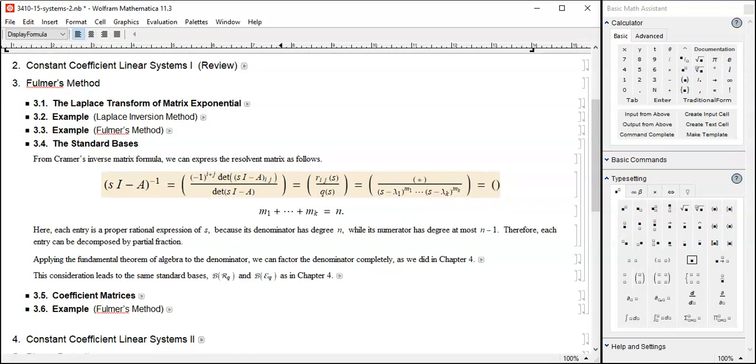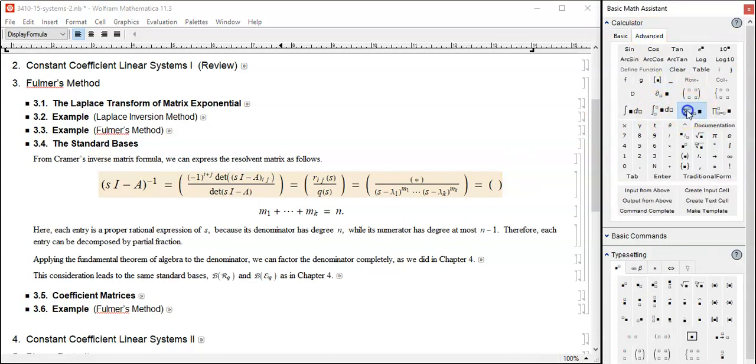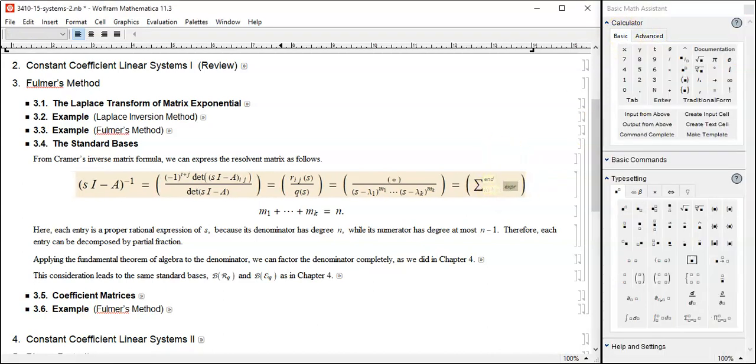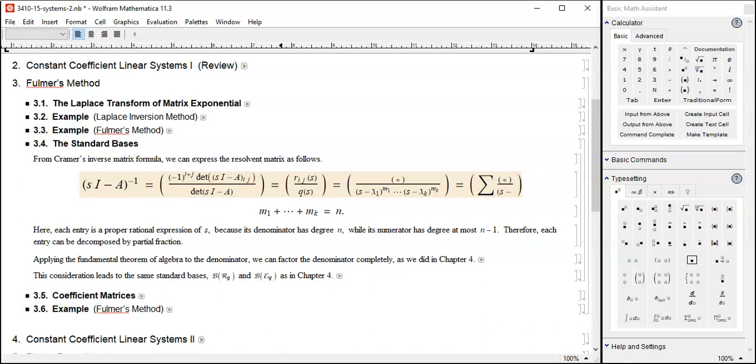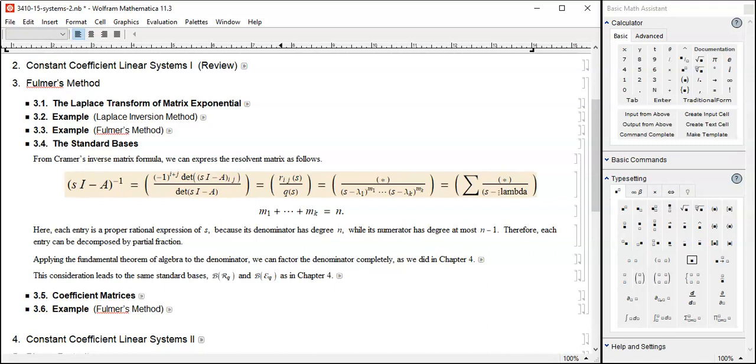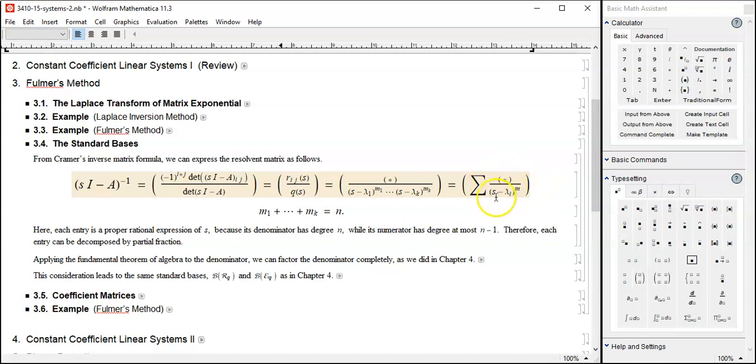So what happens here has to be of this form: some kind of summation of some numerator over s minus lambda and some power, of this kind of form. And there are a bunch of them. Now, that's going to be the decomposition by partial fractions.